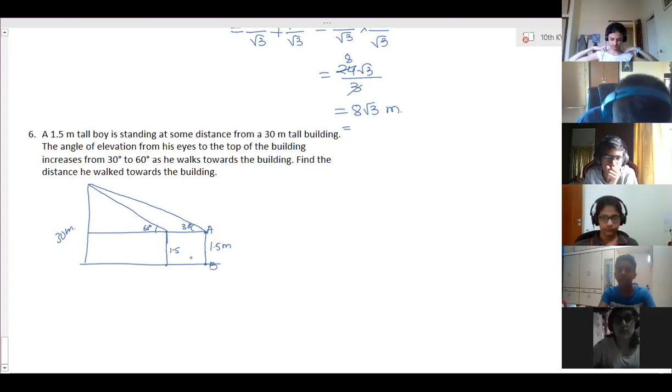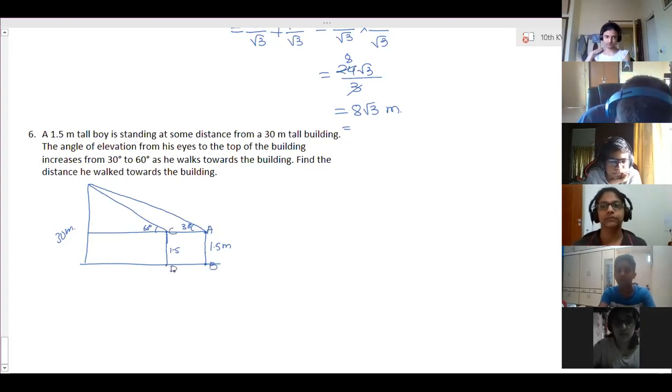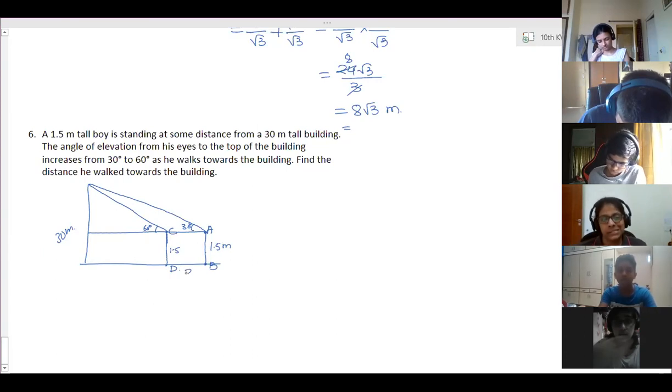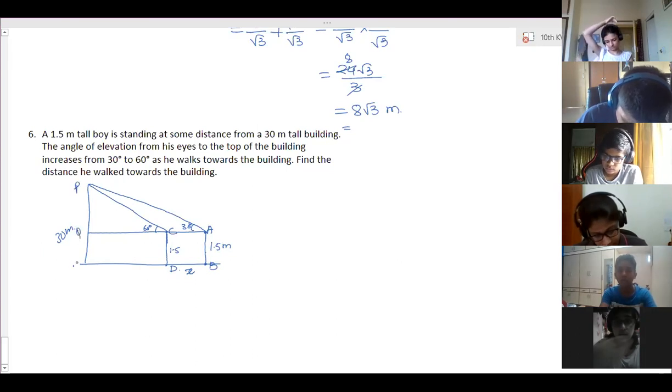Initially he is at position B. Now he has changed to position D. So we have to calculate the BD distance, which we'll consider as X. Now ABCD is done, and this is PQR.